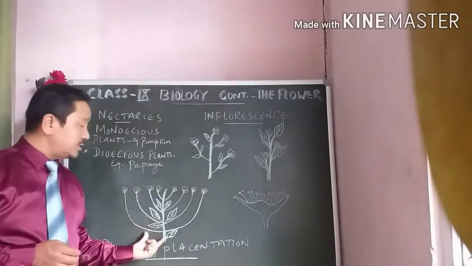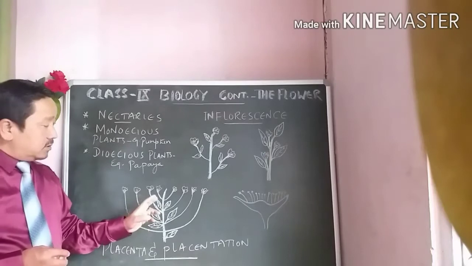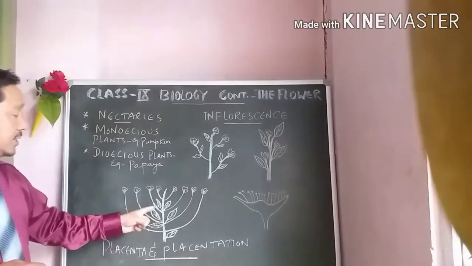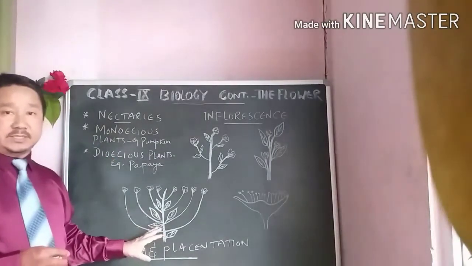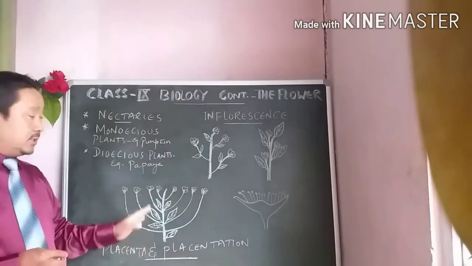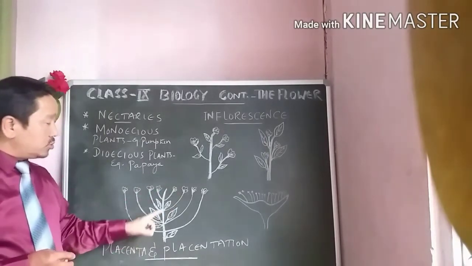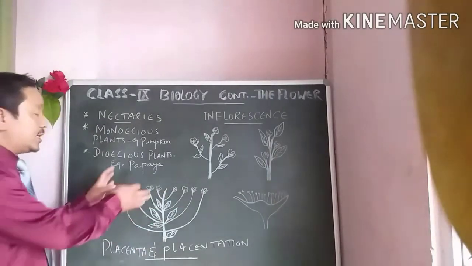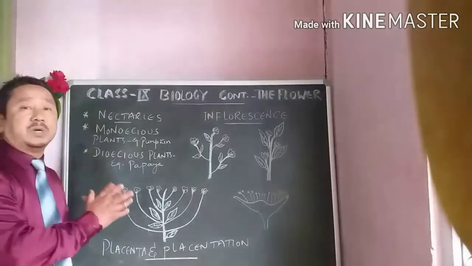And in this case you see the flowers originate at the axils of the leaves at different levels, and they grow to the same level so that they can make a cluster of flowers.